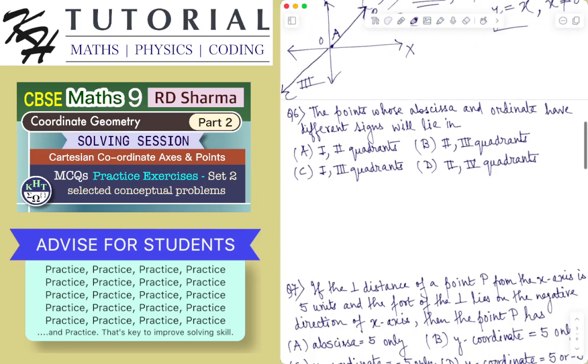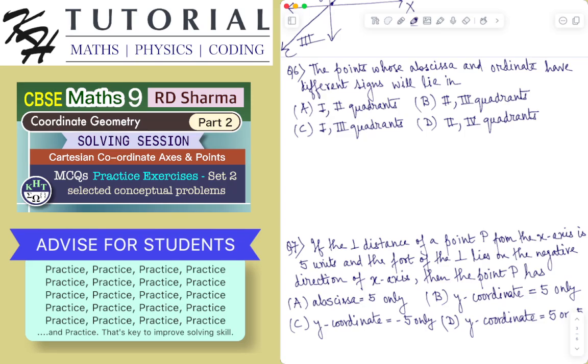Question number 6. The points whose abscissa and ordinate have different signs will lie in. Okay, so let's see in which quadrants the signs of the abscissa and ordinate are different, that is, of opposite sign.